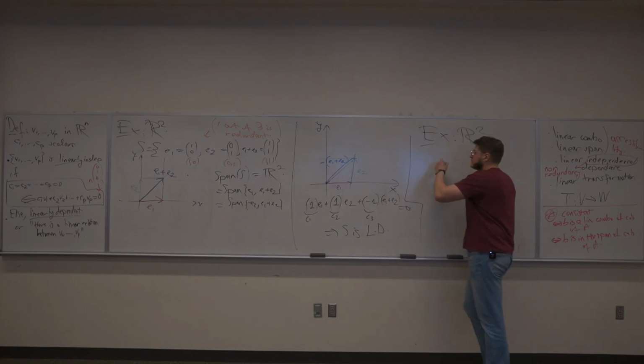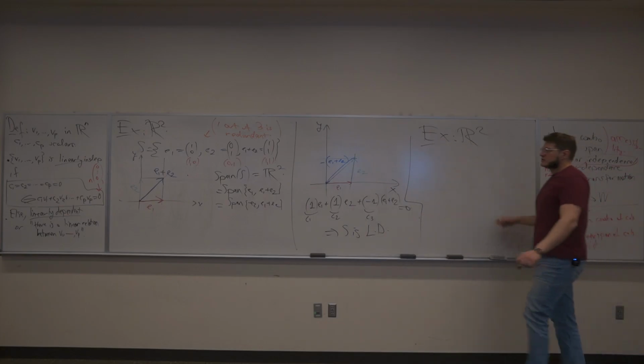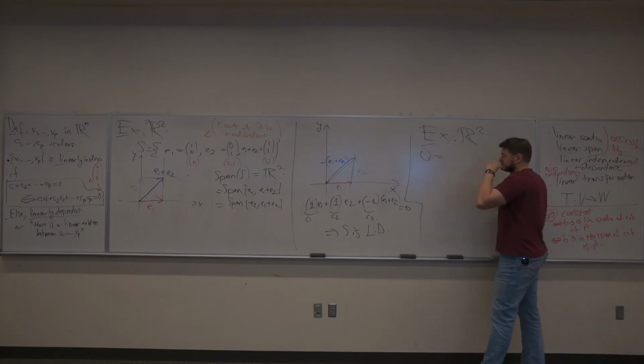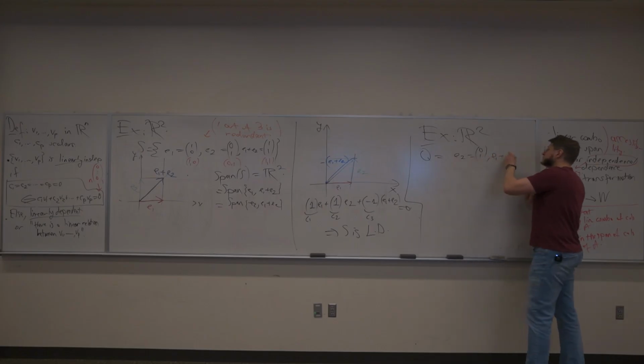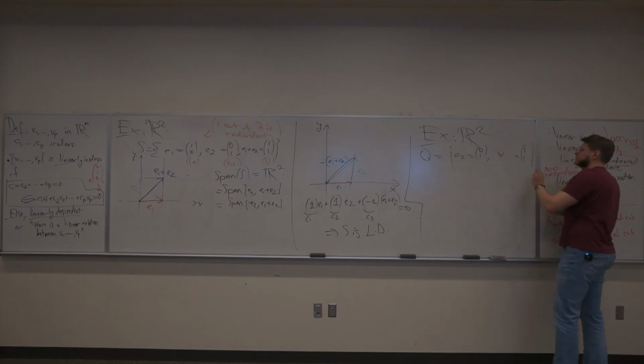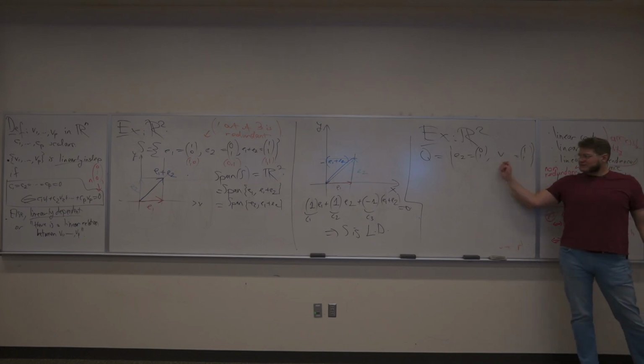I don't want to call it T because T is typically a transformation, so let's call it Q. E2 is (0, 1). E1 plus E2 is (1, 1). In this case, we can just call it V, this specific vector. Now, the claim this time is that this set is linearly independent.